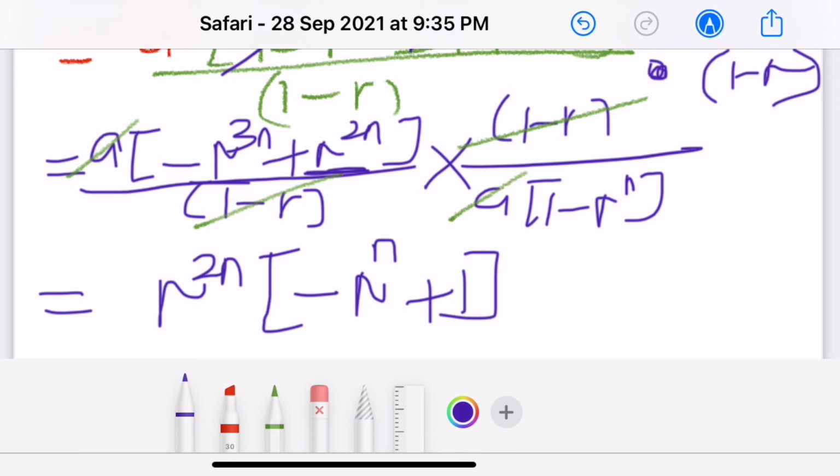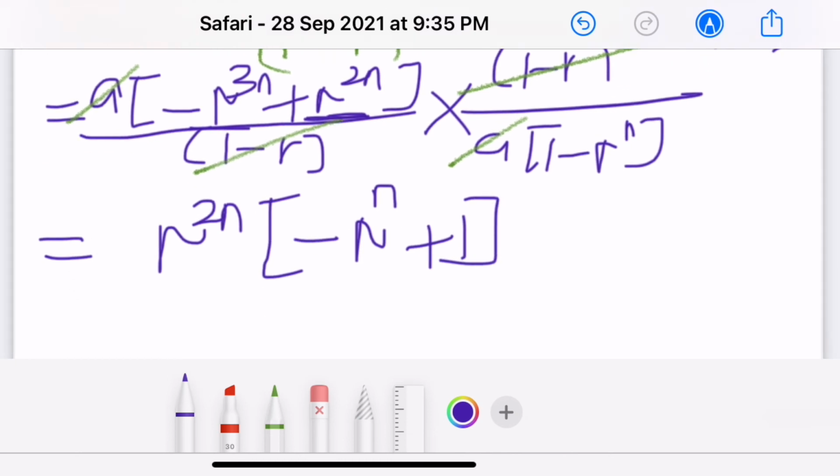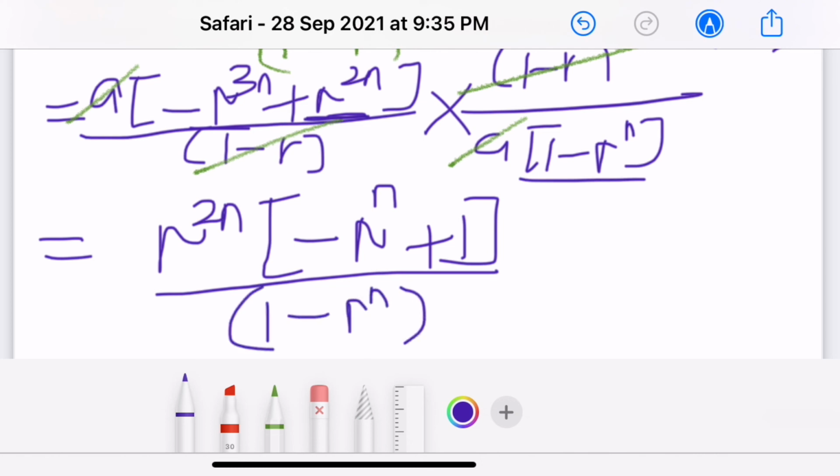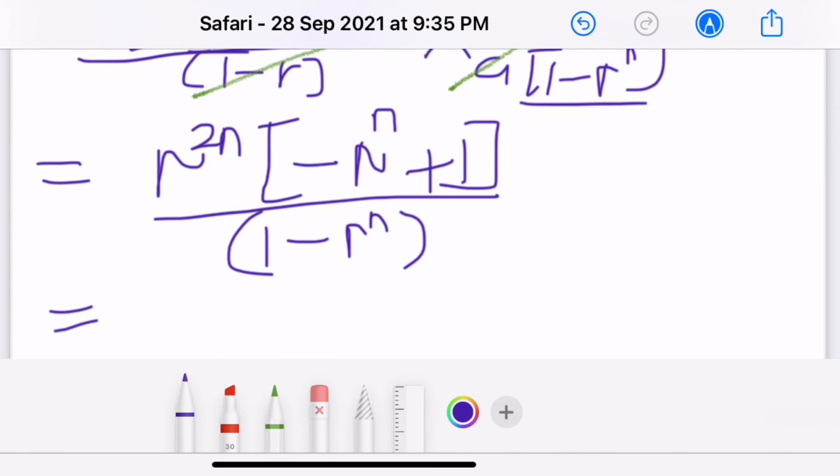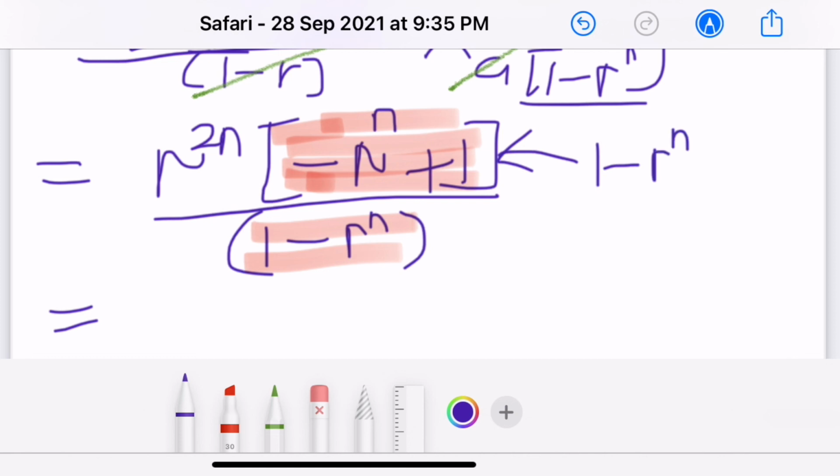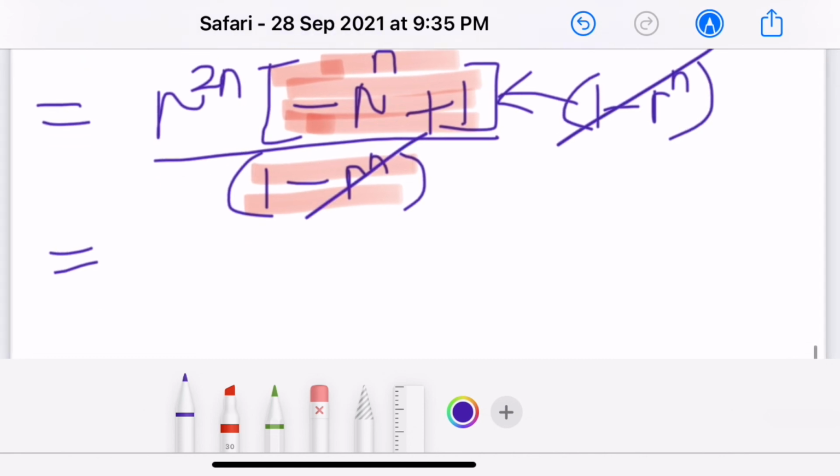Then the bottom part is left only with 1 minus r^n. Notice that this is the same as this one, 1 minus r^n, so we can cancel out. So finally we prove that we will get r^2n.